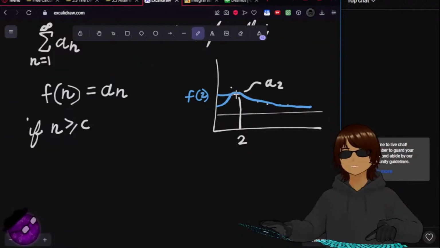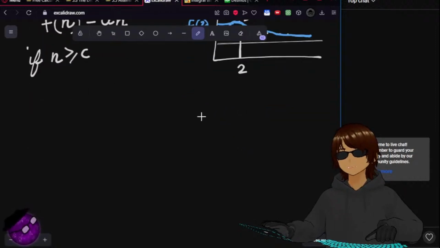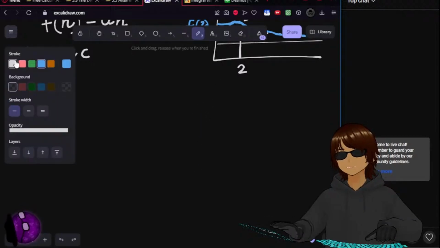And then from this point onwards, f of n is equal to a of n. So basically we can do an integral test over here, where, let me change the color.